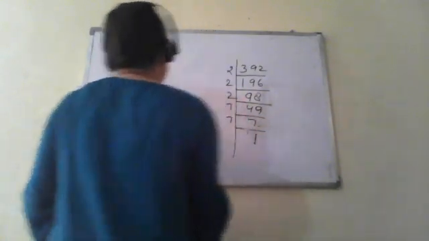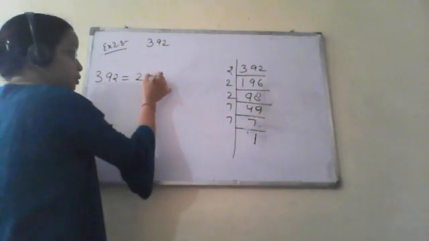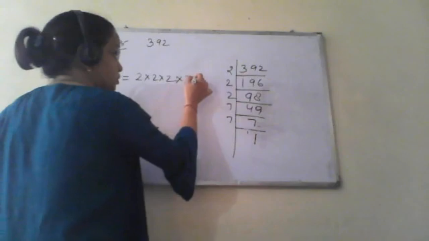So if you see the prime factorization, it will be 2 into 2 into 2 into 7 into 7.